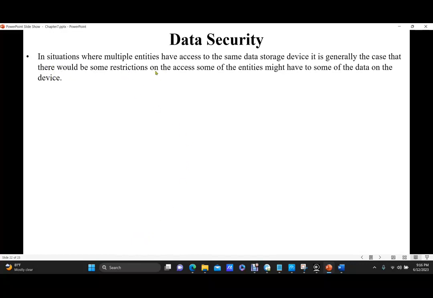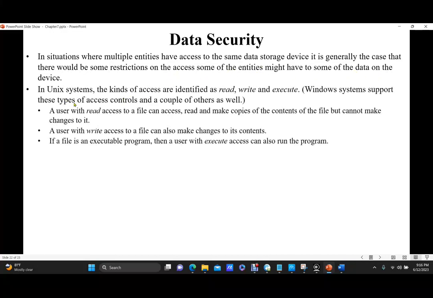In situations where multiple people, multiple entities have access to the same storage device, generally there are going to have to be some restrictions on which entities can access which data.